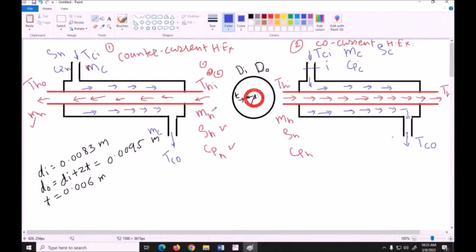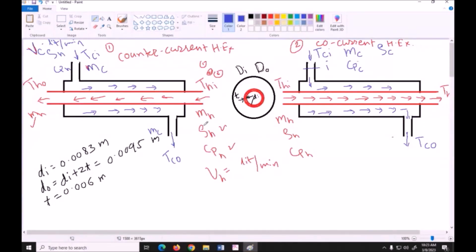So in the equipment we have VH. VH is the hot flow rate in liters per minute, and here we have cold volume flow rate, or discharge, VC, in liters per minute.